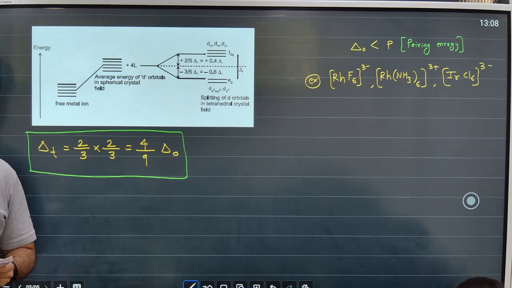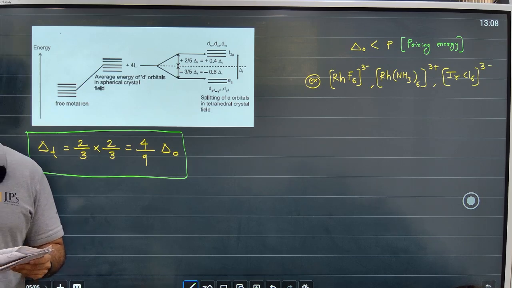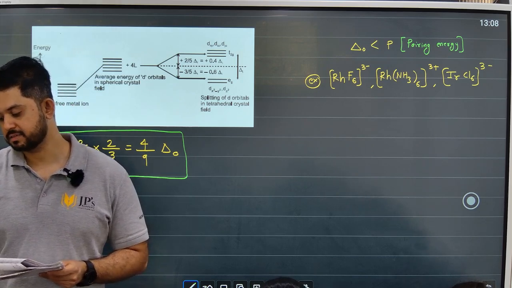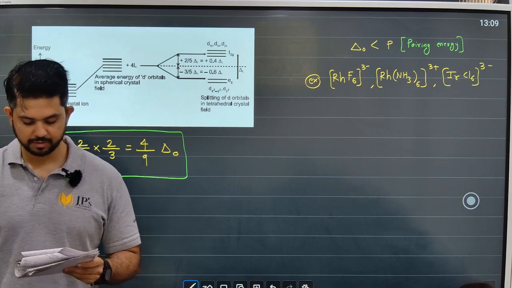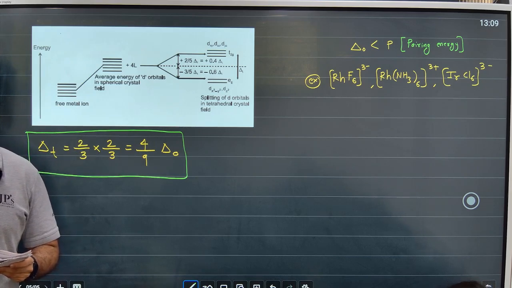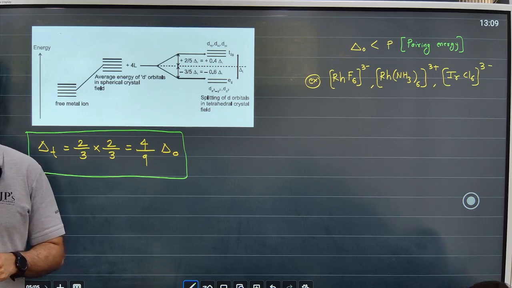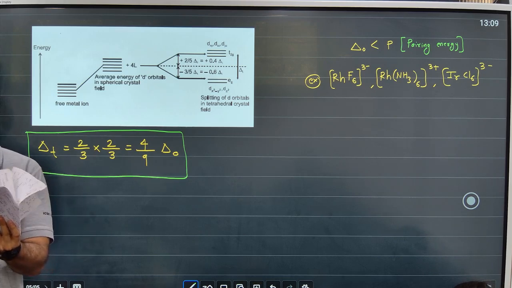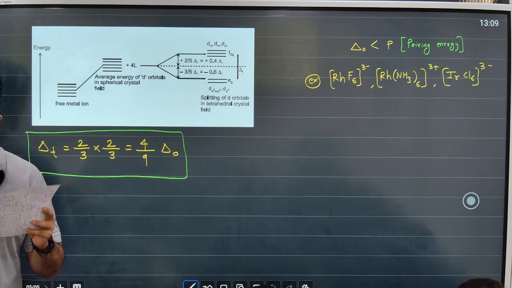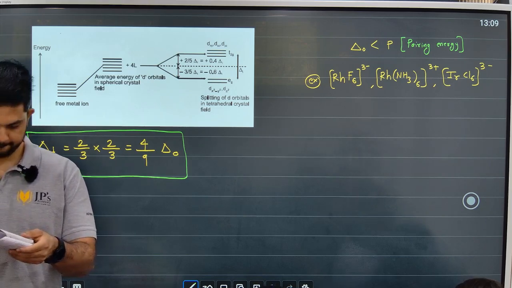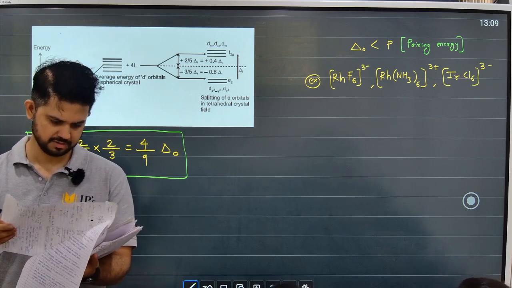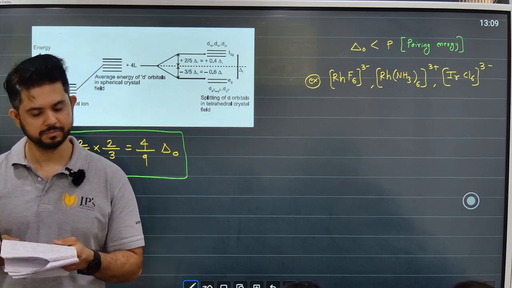Whereas dsp2, that is square planar complexes, for non-bulky and strong field ligands. बाकी है मस्त. Good.